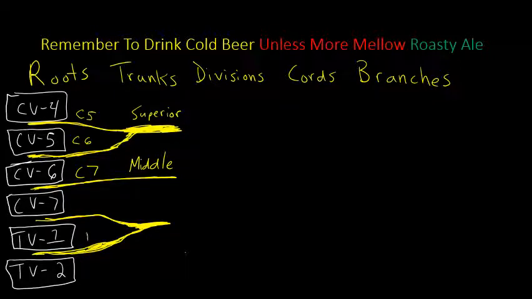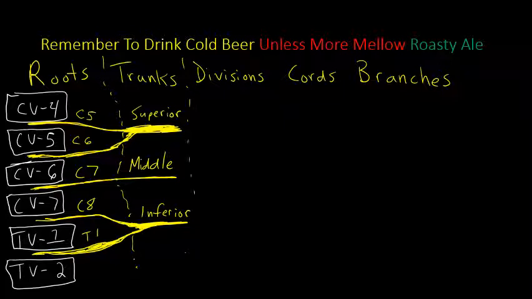So this is T1 and C8 forming the inferior trunk of our brachial plexus. So we have our roots, and we have our trunks.